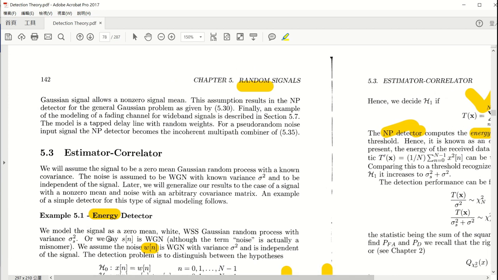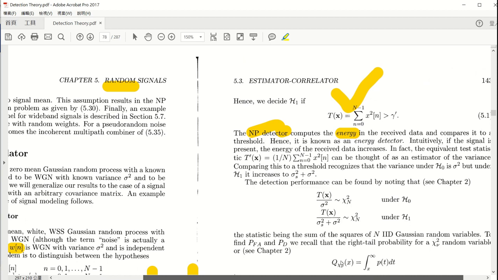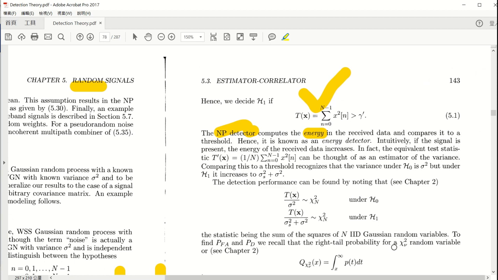We have an energy detector, and you are going to see this very often because the energy detector appears in many areas: communications, signal processing, image processing, and so on and so forth. You will see it very often. And then compared to a threshold, hence it's known as an energy detector.